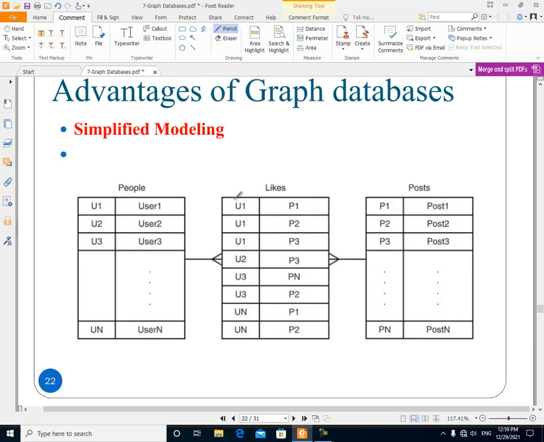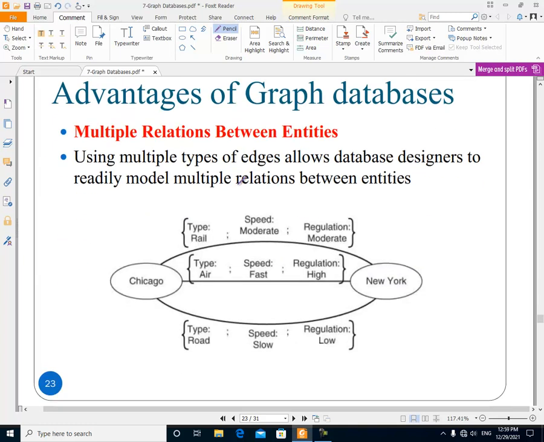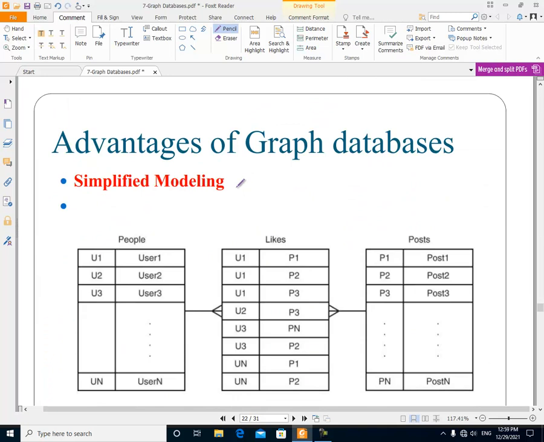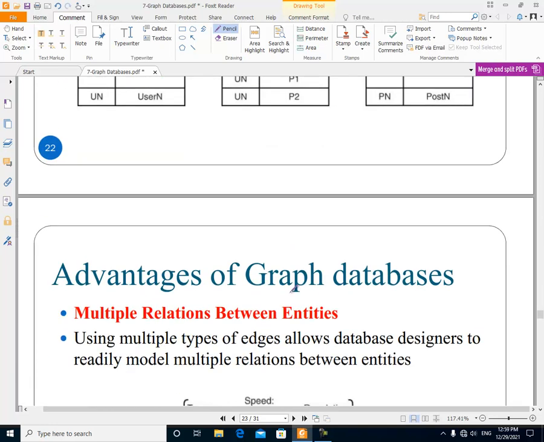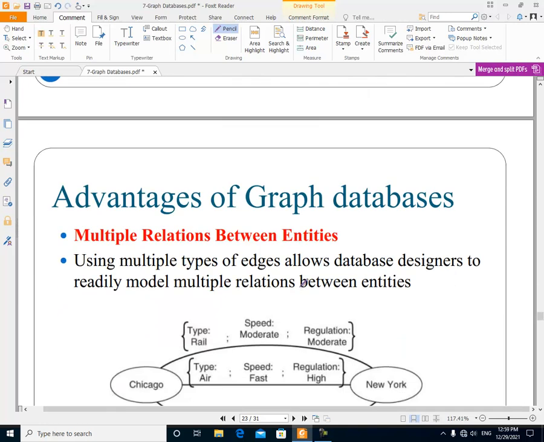This is what we do in the relational database. But in the graph database, it's much simpler. We only have nodes and edges. The people and posts are the nodes and the like is the edge. So the modeling of a graph database is simpler than a relational database.